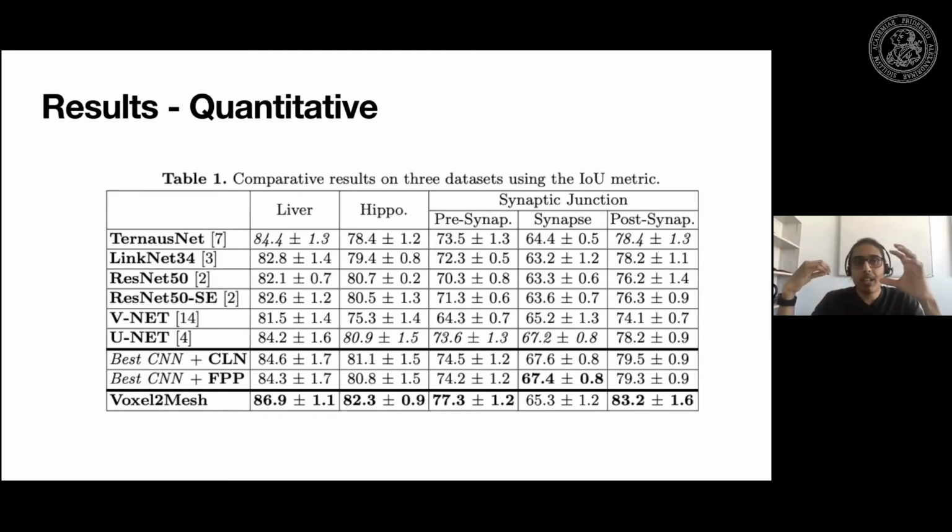I take the mesh, rasterize it, and take it back to the voxel domain so that I could compute this metric. I would not call it the best way to evaluate Voxel2Mesh, but we have to compete in the battlefield that exists. So I took this extra effort to compute IOU so that we could compare with U-Net.